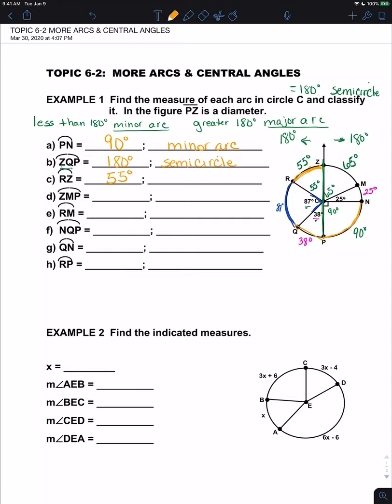And it's less than 180, so we're going to call that a minor arc. Okay. Z to M to P. So we're at Z, we're going in the direction of M all the way to P. So Z to M to P is another 180 semicircle.